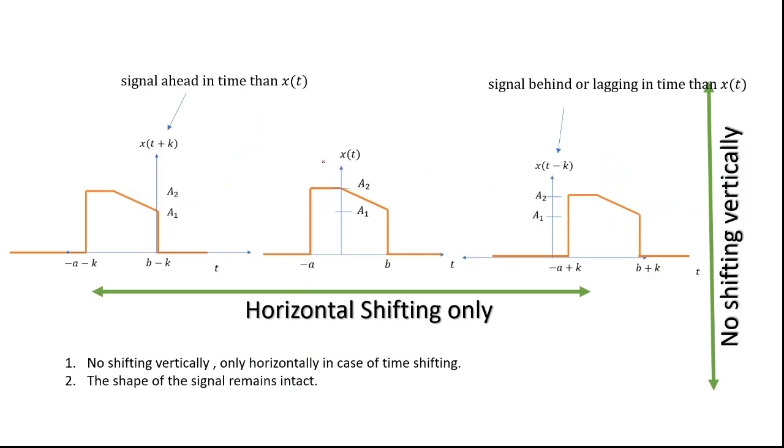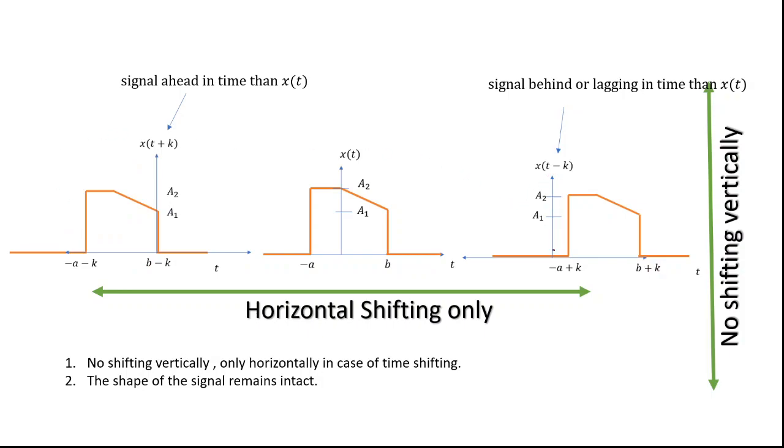So we can see if this is the original signal, and we did the backward shifting as x of t plus k, then the signal shifted backward by k units, right?